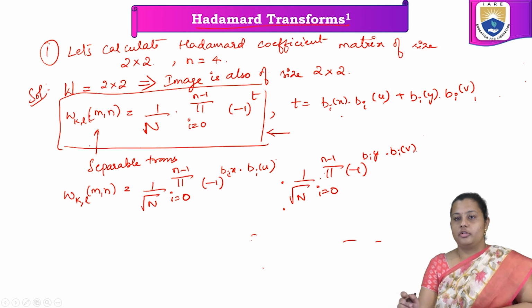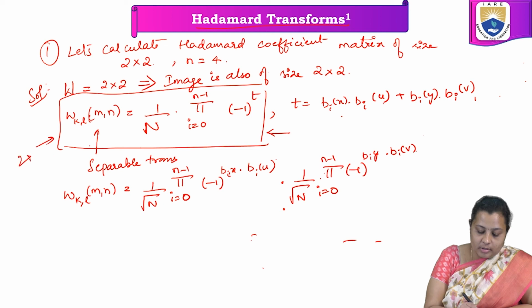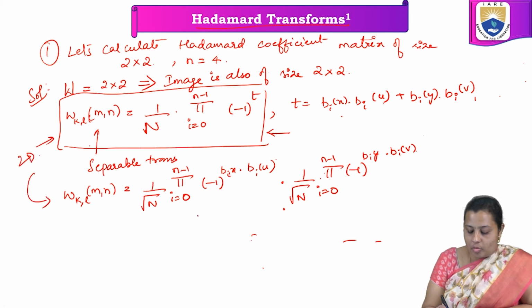So the 2D Hadamard transform function can be written as a combination of two 1D functions.